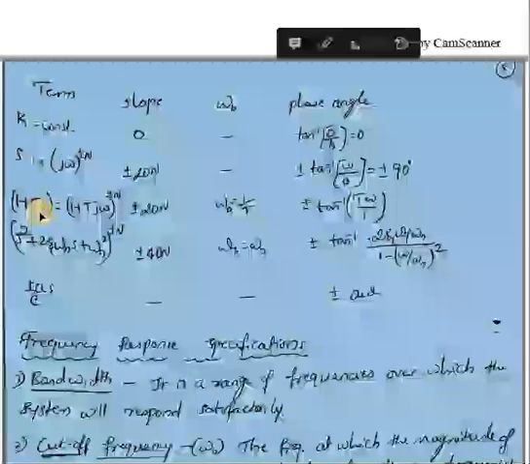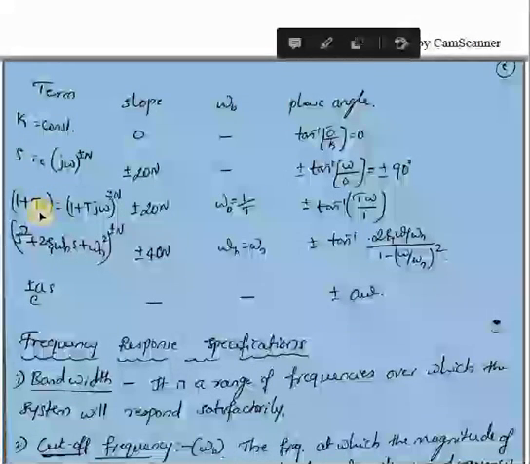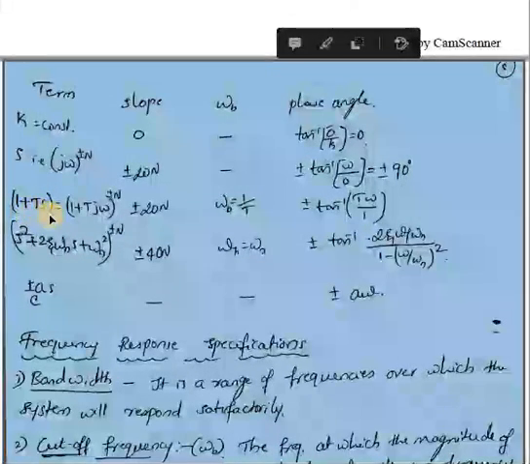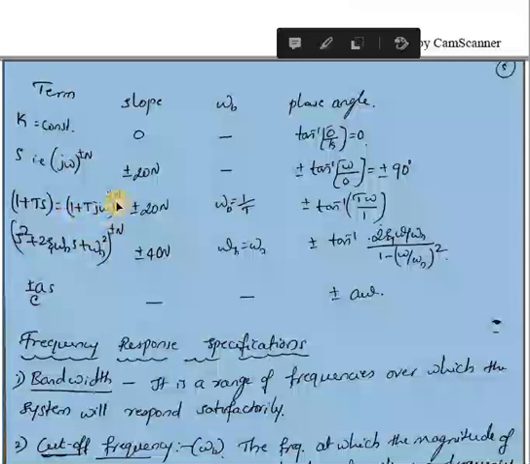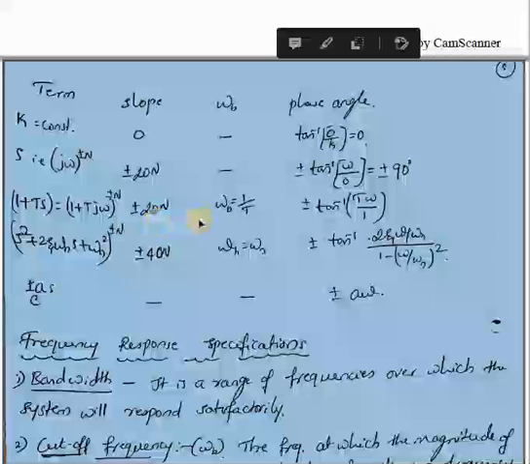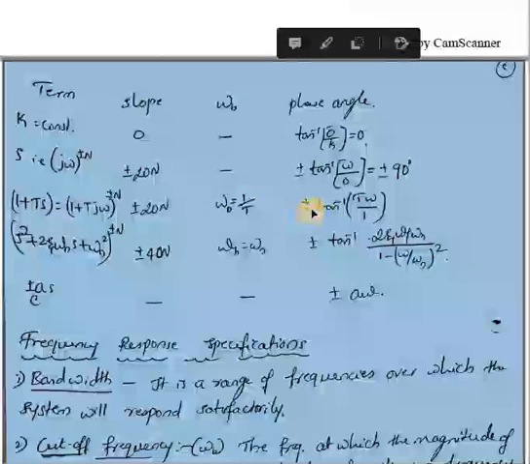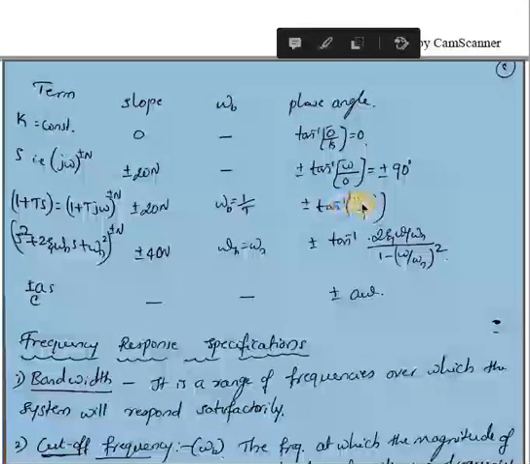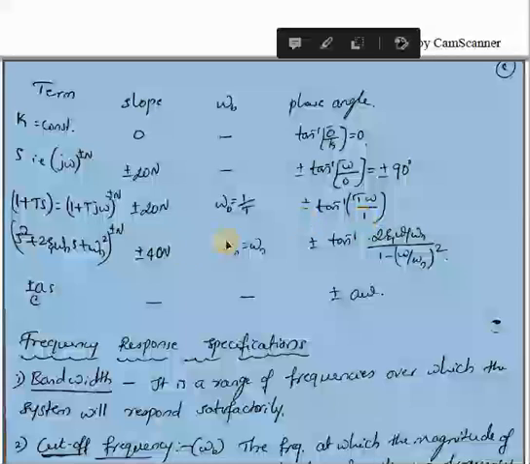And similarly for the first order poles or zeros, that is 1 plus T s is the standard format. So it is raised to plus or minus n. The slope will be plus or minus 20n and the break frequency will be 1 by T. That T is this one. And the angle will be tan inverse of T omega divided by 1.